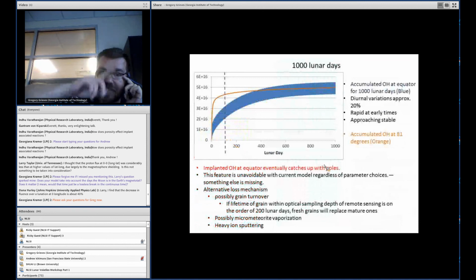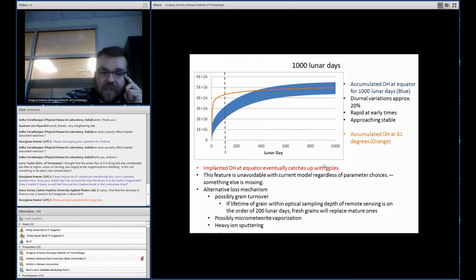And like I said, because the 100-day run didn't reach convergence, I let it run out to 1,000 lunar days, and this, in fact, agrees with what I just said, that eventually the equatorial OH catches up with the polar OH, because the equatorial grains, where diffusion rates are operative, can eventually accumulate larger amounts of OH than the poles can. So this means that something else is missing.